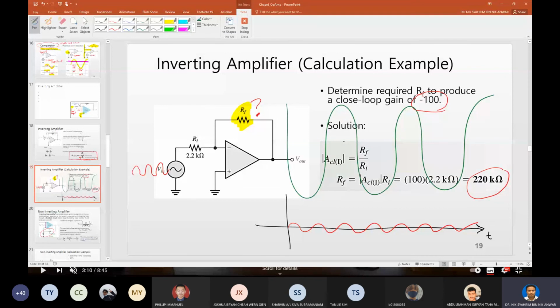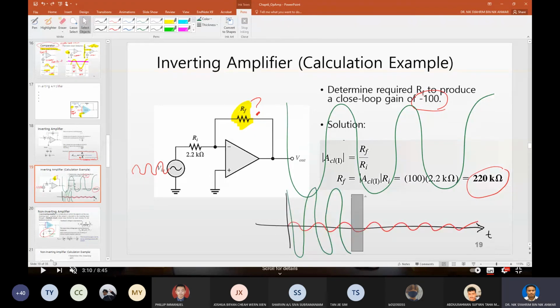However, it's inverted. So if you draw on the same scale here, the output, oh, no, I made a mistake. Once again. Okay.